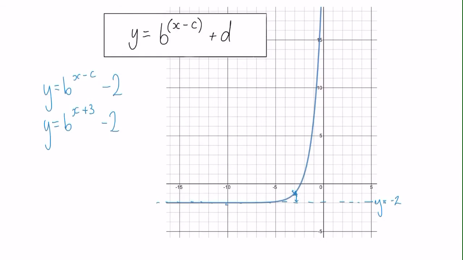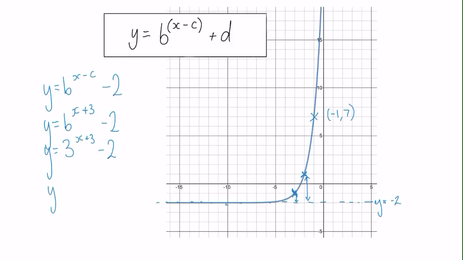And the last thing to find is the base. This was my special point. I'm moving along to the next one. There it is, and I can see that that is 3 above my asymptote. So I'm thinking my base is going to be 3 to the power of x plus 3, minus 2. I can check that I've got the right equation by finding another point on the graph. That's -1, 7, and substituting that in, checking that it agrees.